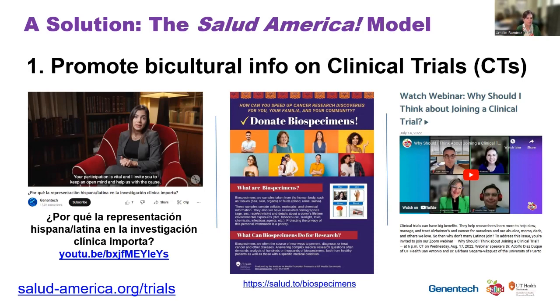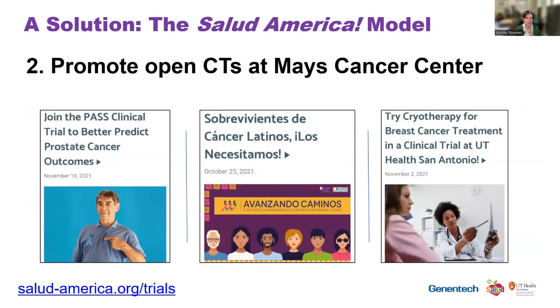On the next slide, you'll see another important point. It's not only cultural information that we've got to get across and present in a way that is understood by our community, but what kinds of trials are we promoting? Right now, clinical trials are getting very sophisticated in terms of the treatment side, right? Some trials that are available need a very small number of people because they have to have X number of characteristics in order to participate in that trial.